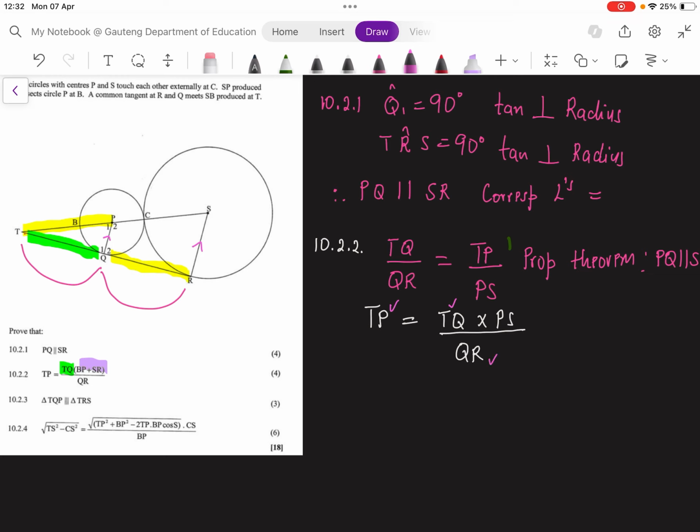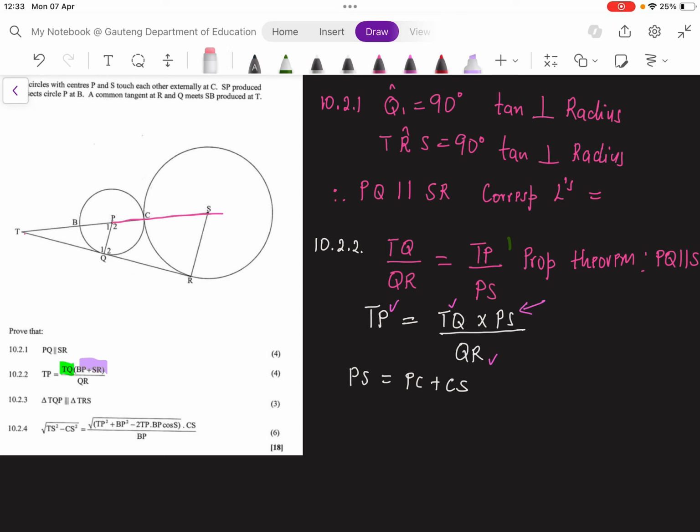The only thing that we do not need is PS, because instead of that PS, we need to have BP plus SR. But now from the diagram, we can see that PS is equal to PC plus CS, but we are not looking for PC and CS.